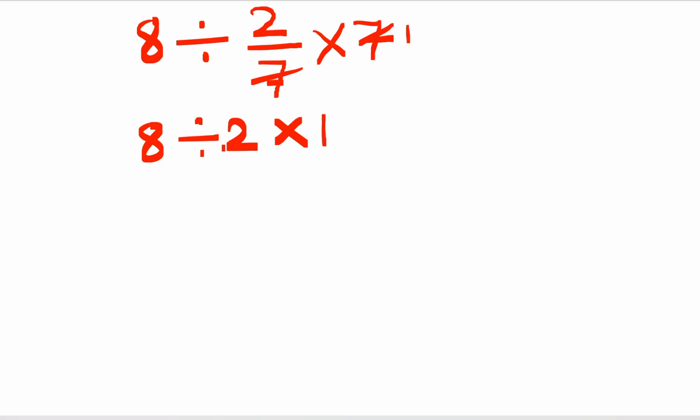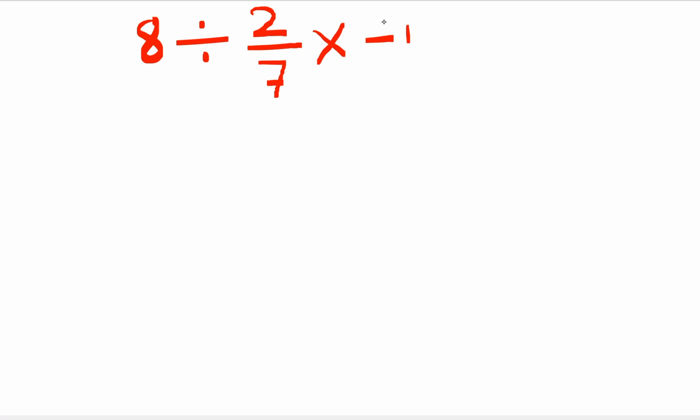So 8 divided by 2 multiplied by 1 is 2, and 8 divided by 2, the answer is 4. But this answer is not correct for this expression. So I will show you the correct answer for this expression.